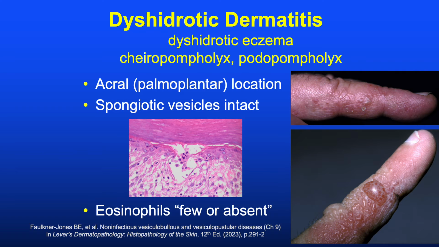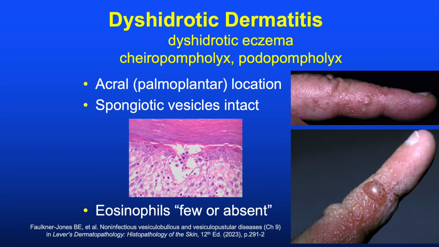Dyshidrotic dermatitis, also known as dyshidrotic eczema, has a couple of older historical names: pompholyx, so cheiropompholyx involving the hands, and podopompholyx when it involves the feet, reflecting the fact that this disorder is essentially limited to the acral or palmoplantar locations. Anecdotally, I've seen rare cases that extended proximally up the distal extremities, but only when acral involvement was quite extensive and severe.